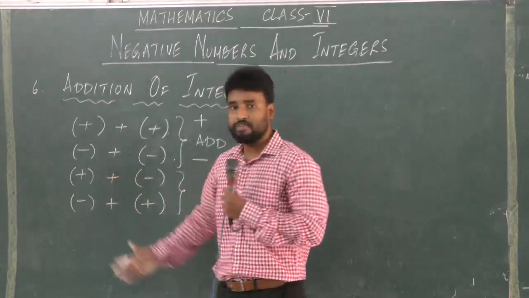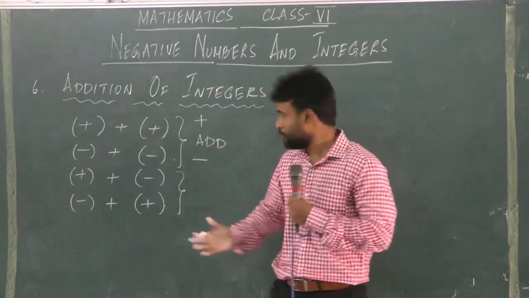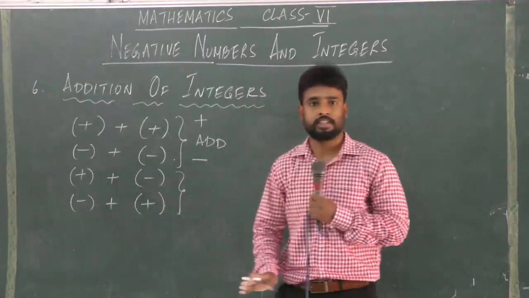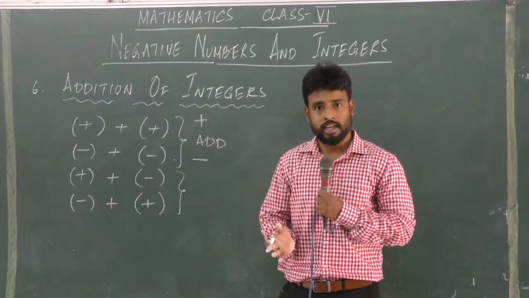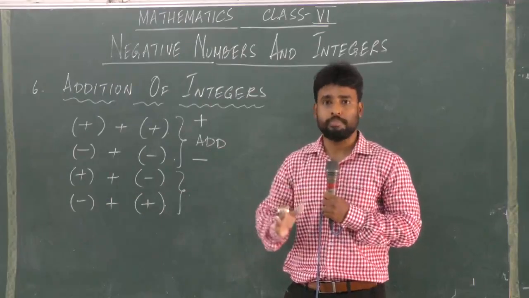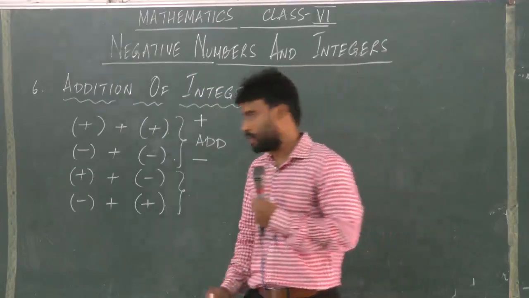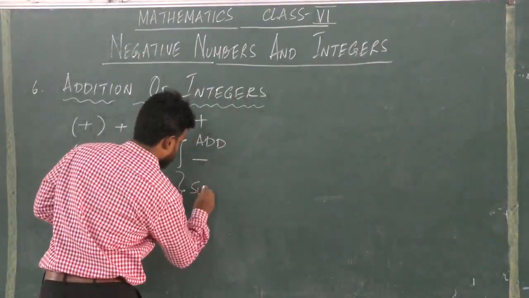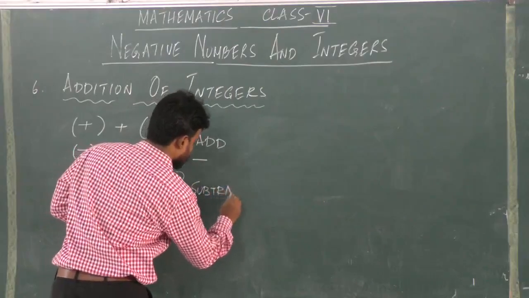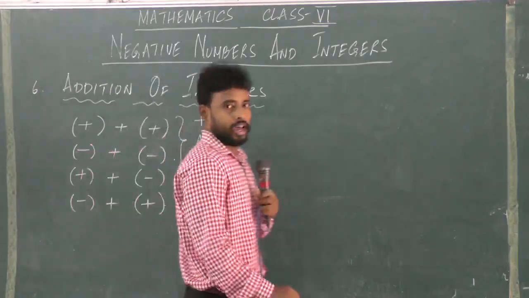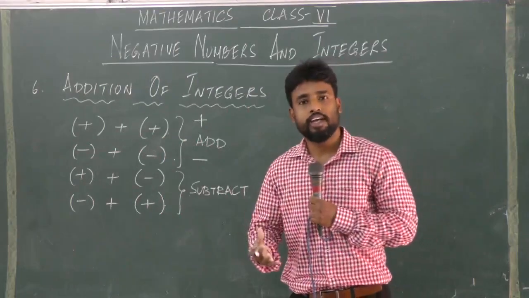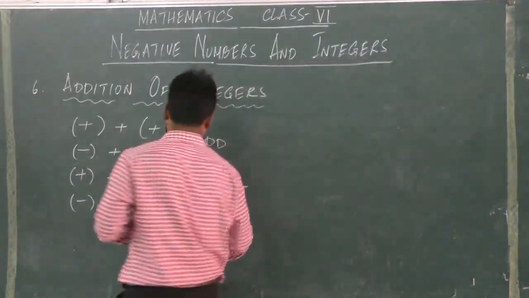Now when we have two different signs, for example plus and minus, or minus and plus, in that case we subtract. First we will subtract the smaller number from the greater number. And then we'll put the sign of the greater number.